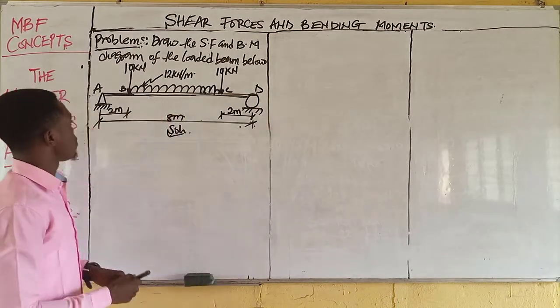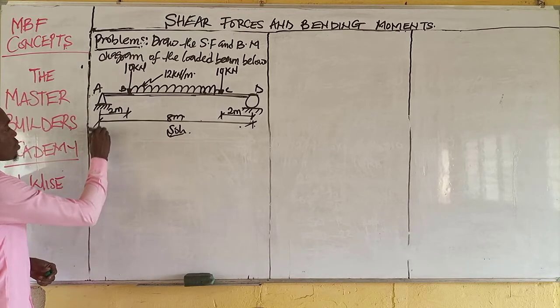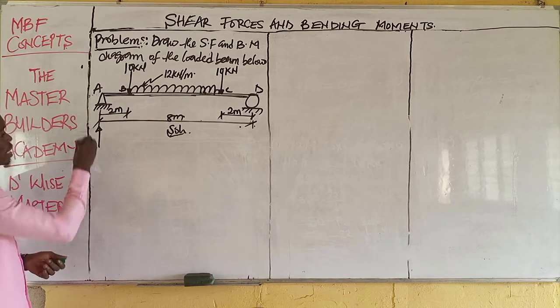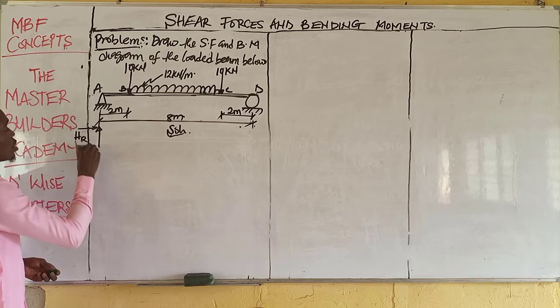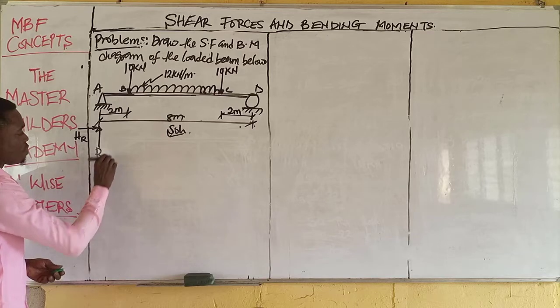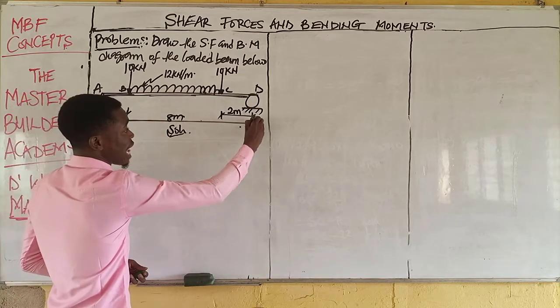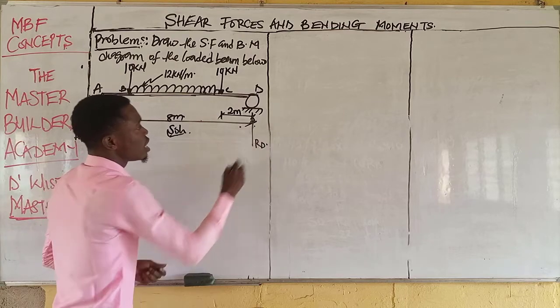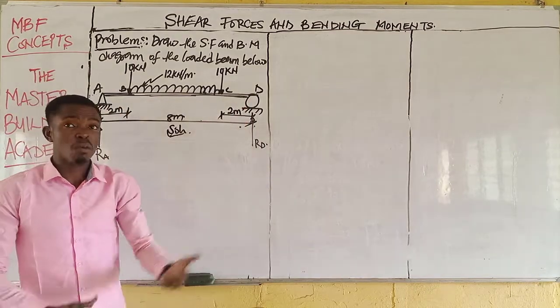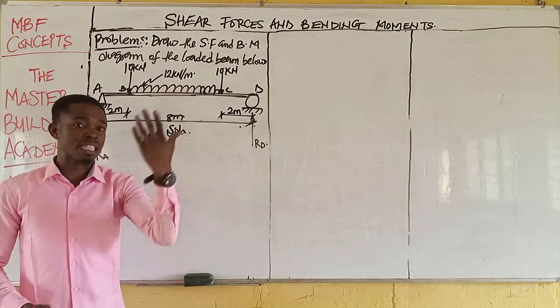The free body diagram of this system would give us a reaction at A. This is the horizontal reaction, while this is the reaction at A, the vertical reaction. Then the other end is D, and I call this the reaction at D. Now that we have a roller here, a roller can only resist vertical reaction.